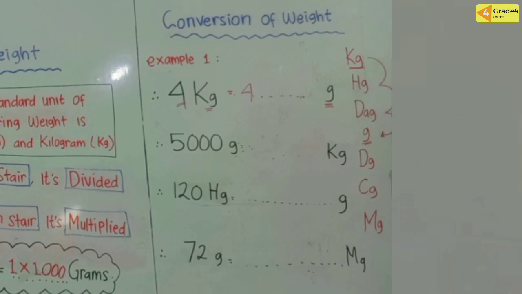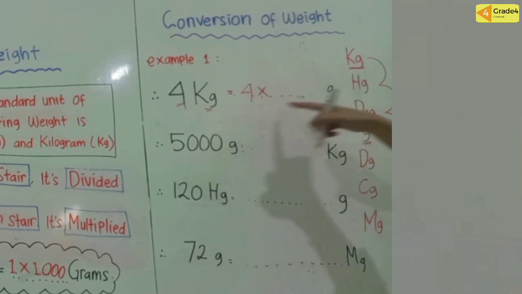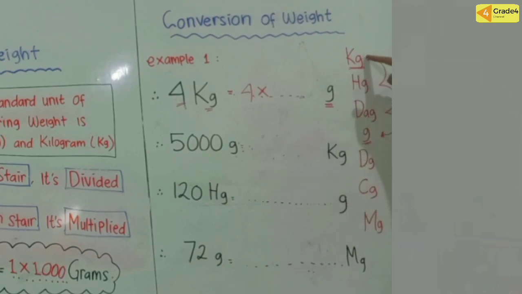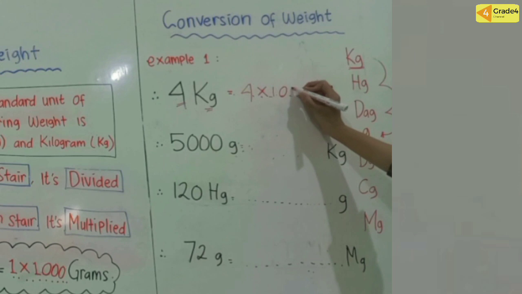Because it's downstairs, we multiply by 1000.